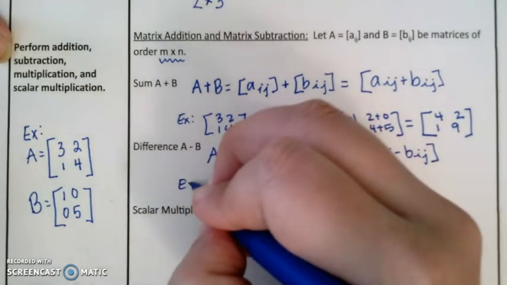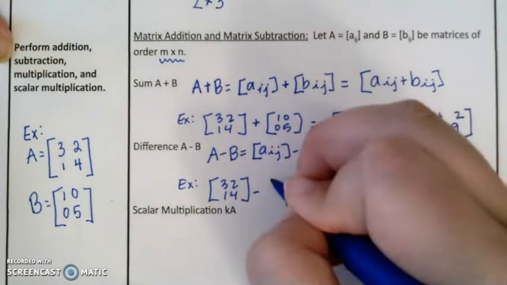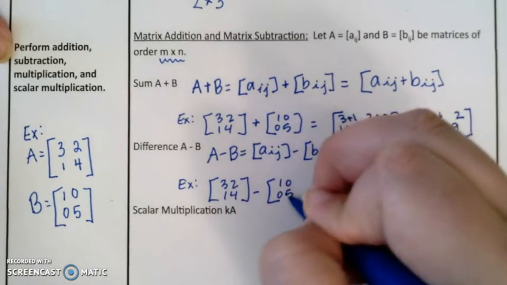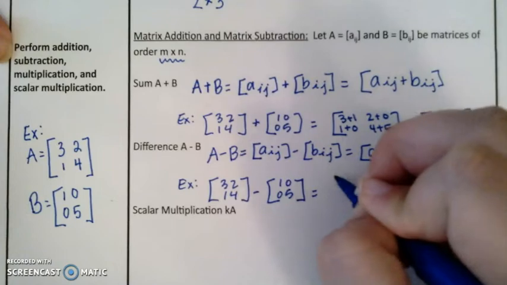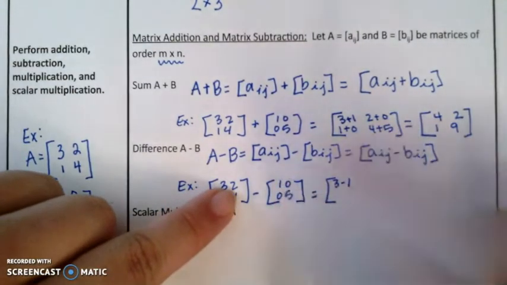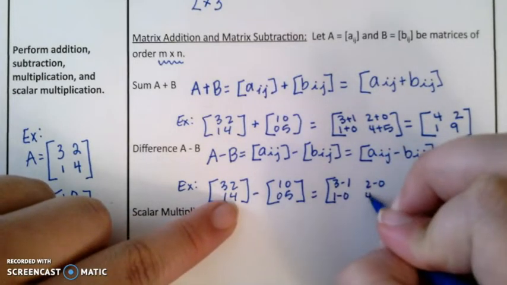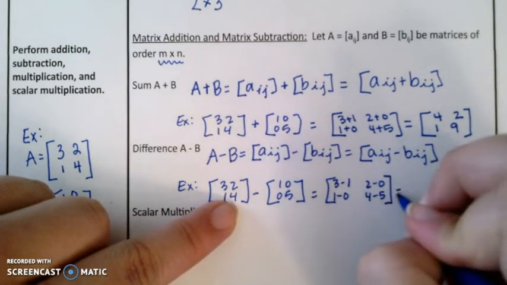How that looks in our example: 3, 2, 1, 4 minus 1, 0, 0, 5 equals 3 minus 1, first element, 2 minus 0, 1 minus 0, 4 minus 5 equals.